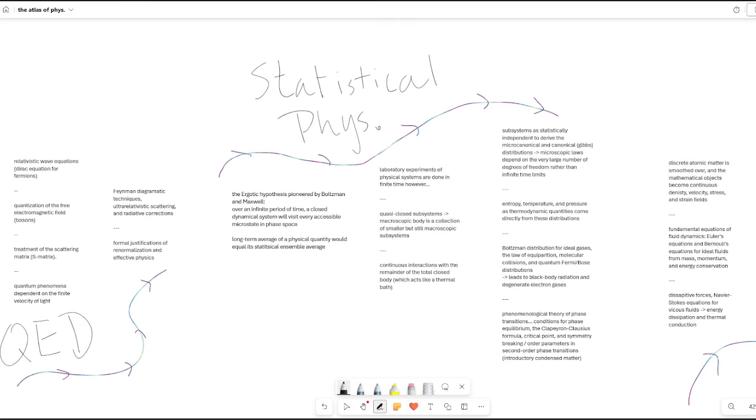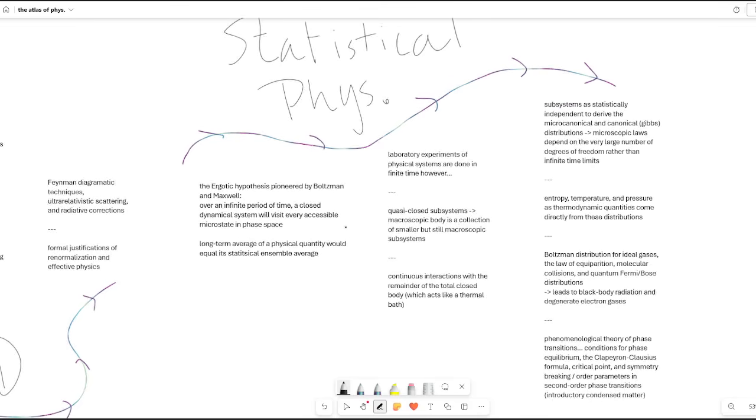So we want to explain how the macroscopic thermodynamic quantities and phase transitions of materials, like ice to liquid to gas to vapor, all of these things emerge from these microscopic and reversible microscopic laws.